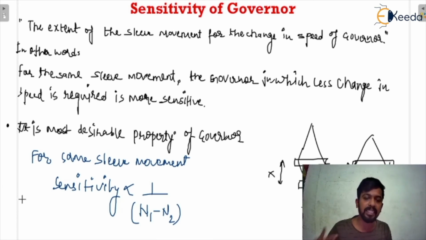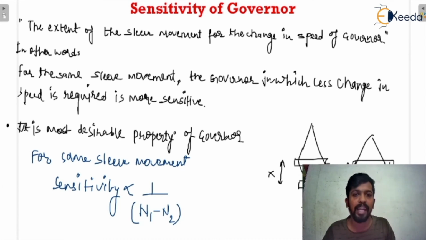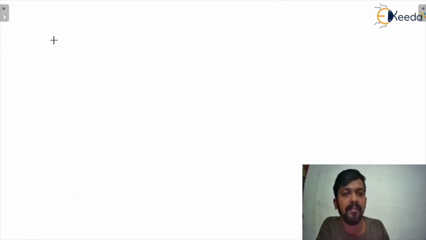So we can say that the sensitivity is inversely proportional to the change in speed. Yes or no? So when you remove the proportional sign, that would be sensitivity.